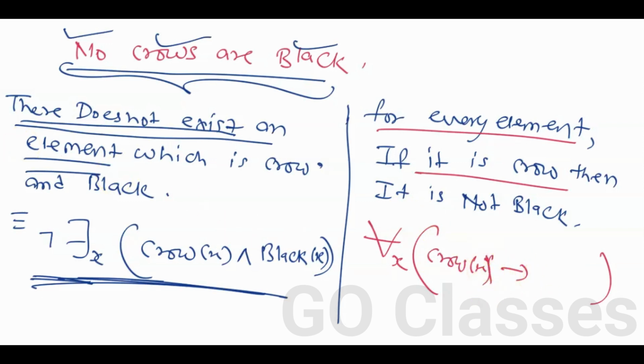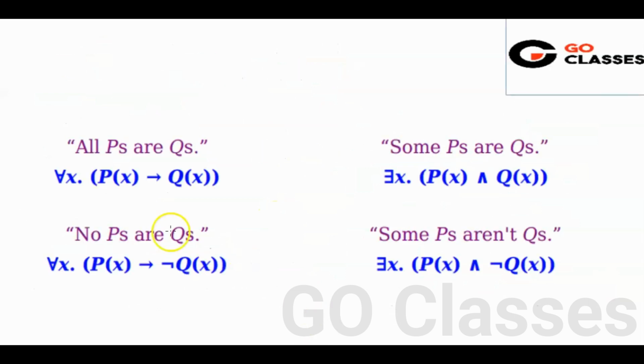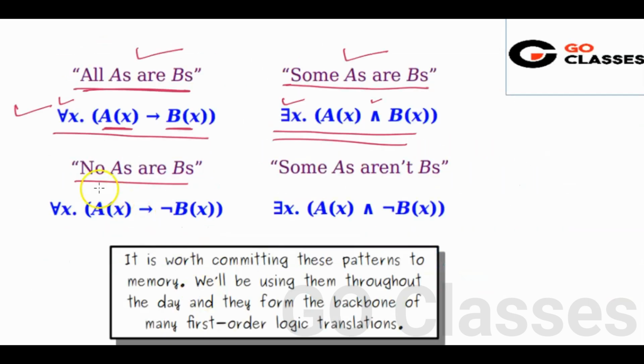Okay, so very simple: if it is crow then it is not black, the negation of black. So this is a very simple translation, and this is also correct. Both are correct translations. So this is our template: no A's are B's.